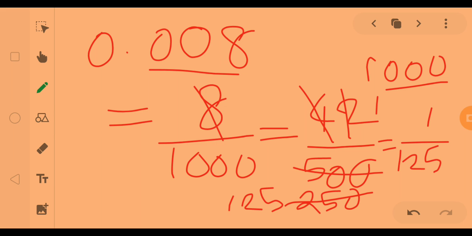Now let us see a few more numbers. Next, we have another number, 0.04. How do we write this number as a fraction? Here there are 2 decimal places. First of all, we write the decimal number as a whole number, that is 4. Then we place the fractional bar and see the decimal places.